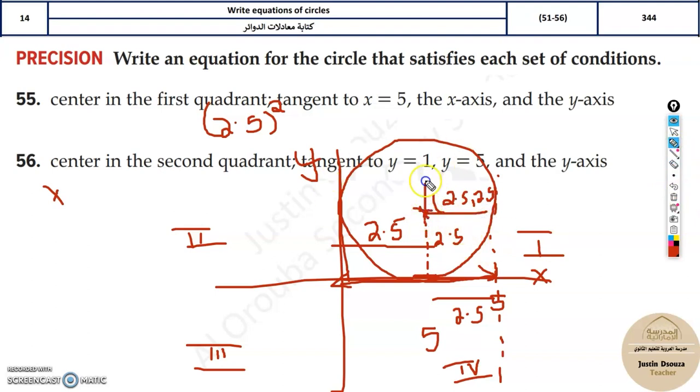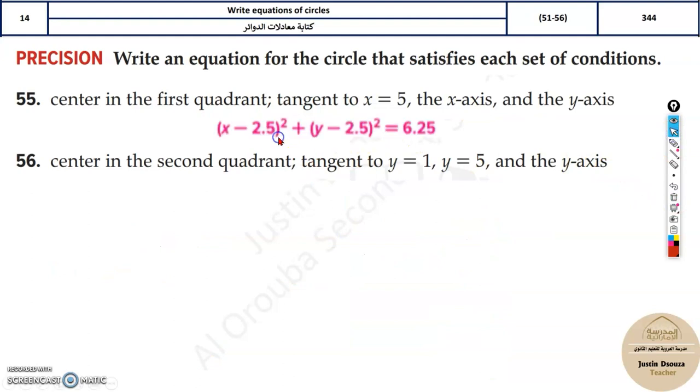Every part of the radius is 2.5. So we get the center as 2.5 comma 2.5. The answer will be (x minus 2.5) whole square plus (y minus 2.5) whole square equals 2.5 square. That is it. Same way you can solve the next one.